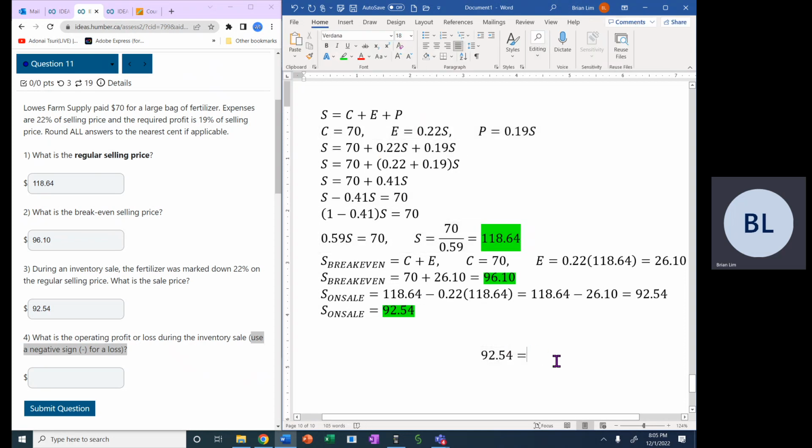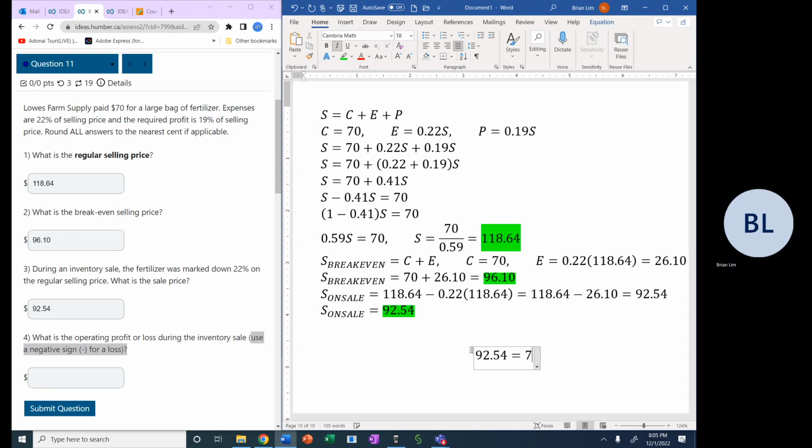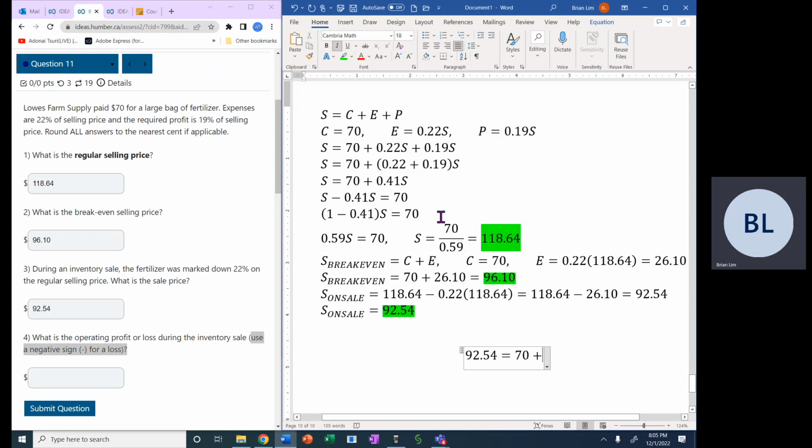So we put it equal to 70 plus the expenses. We did a calculation for that, and that is 26.10. The expense doesn't change.